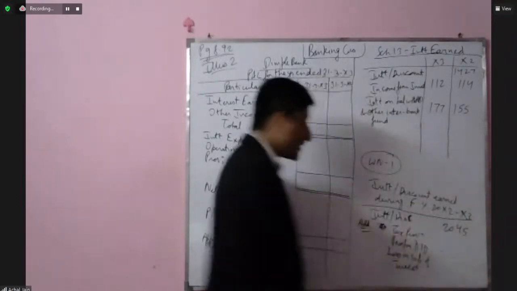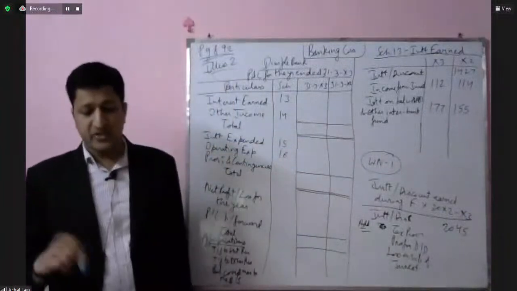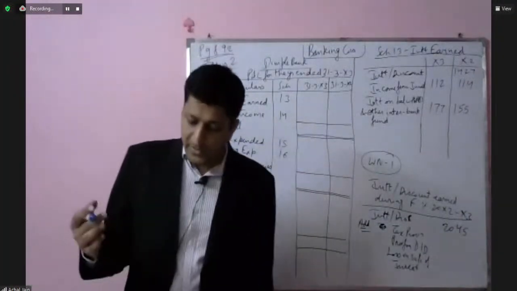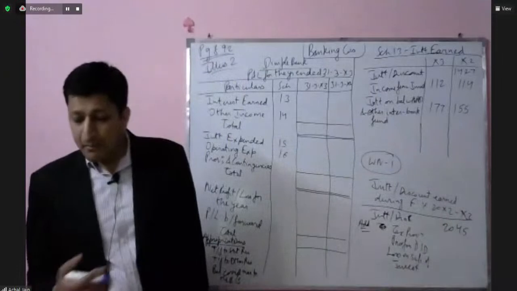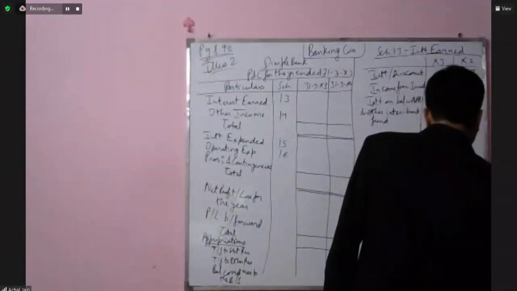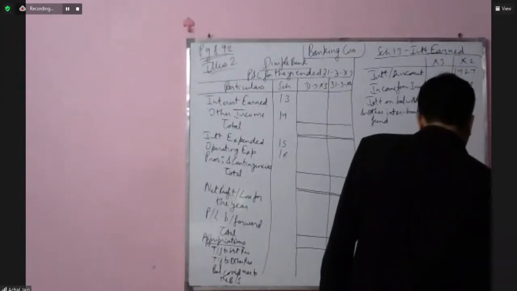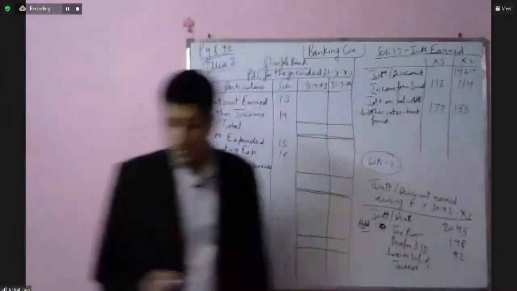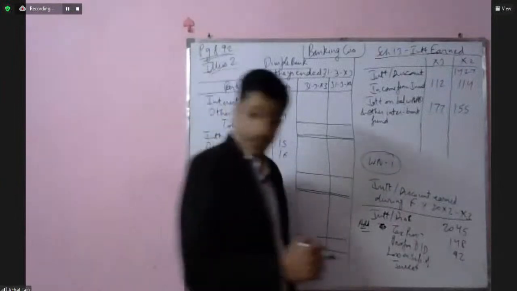The question says that all of these have already been adjusted, meaning those have been deducted, so we need to add them back. 148, 92, loss on sale of investment 12.